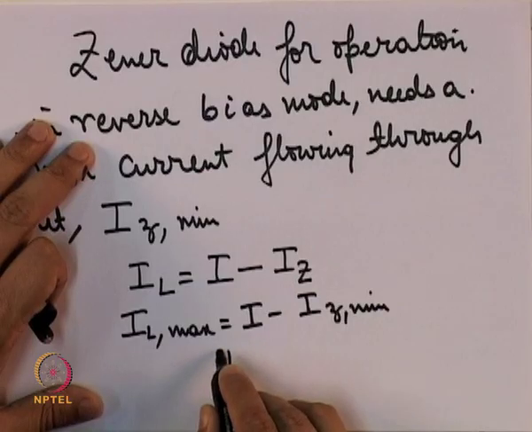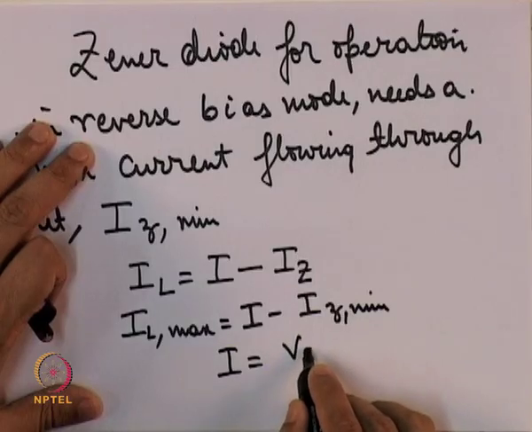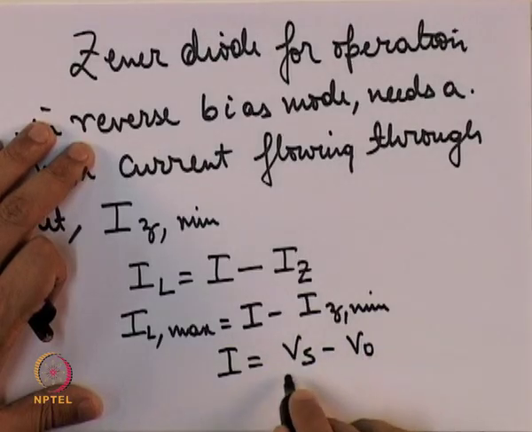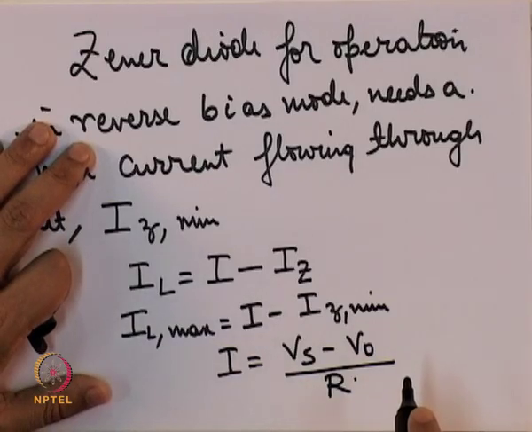Now, I is given by what? The supply current is given by the source voltage minus the output voltage upon the internal resistance of the supply source.